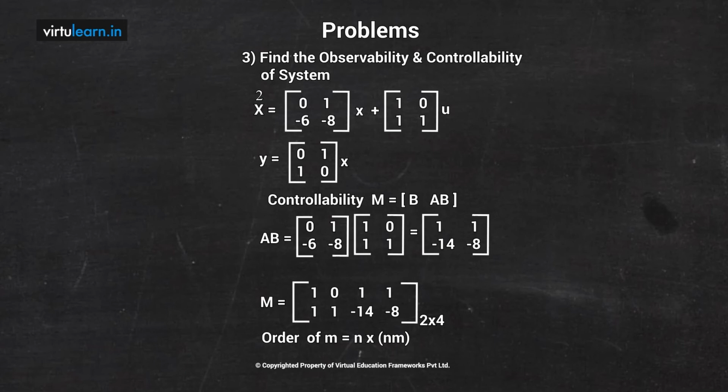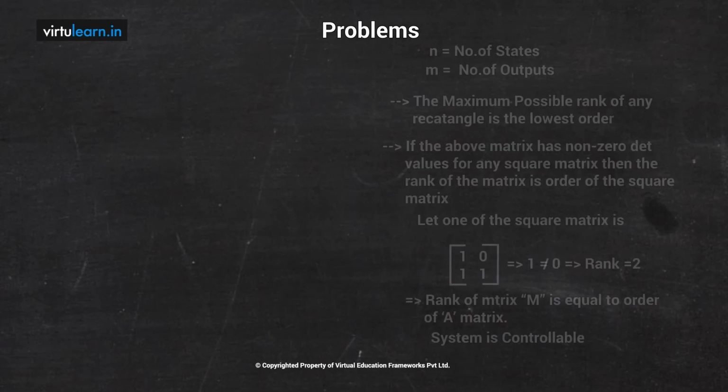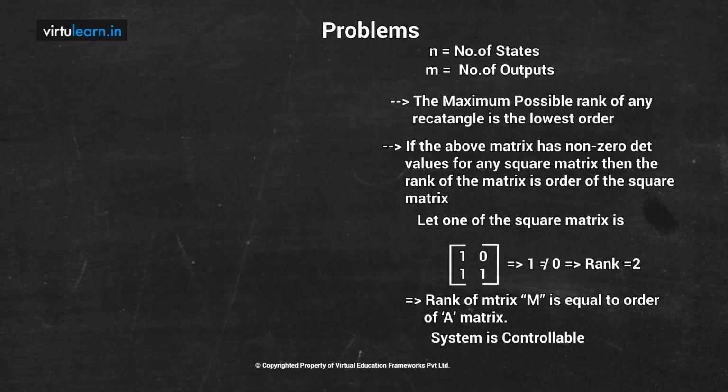Then what will be the order of this? The maximum possible rank of any rectangular matrix is the lowest dimension. So the lowest is 2, so the maximum possible rank is 2. Then what we need to do is check whether the rank of it is equal to this or not.